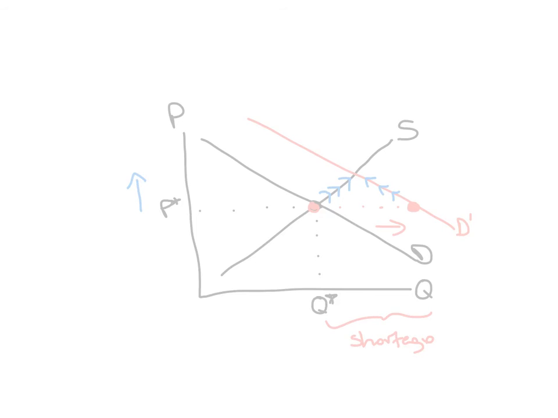And eventually, the two sides of the market will meet at the new equilibrium, Q star 2, P star 2. And the shortage will be no longer a shortage. We see that in the end, the price of eggs is higher and the quantity bought and sold is higher as well.